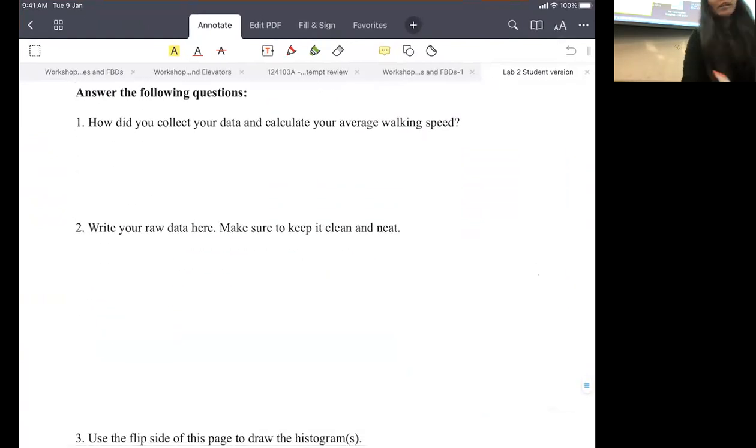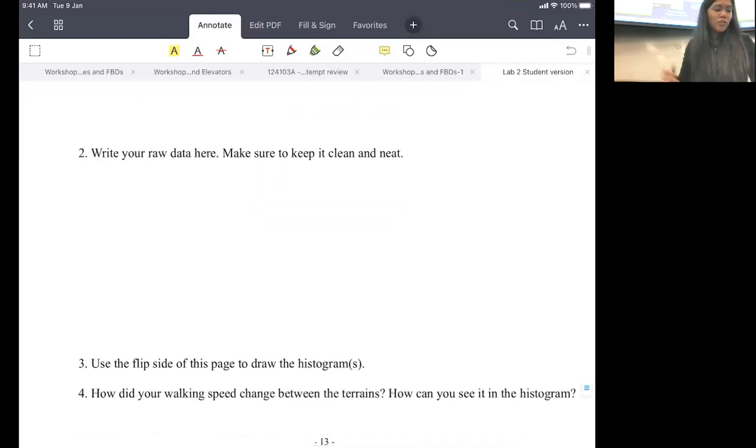Write your raw data, so write the distance that you walked and the time it took you to cover that distance. So you should have at least five trials for measuring the distance and measuring the time, so that you'll have 5 values for your speed.